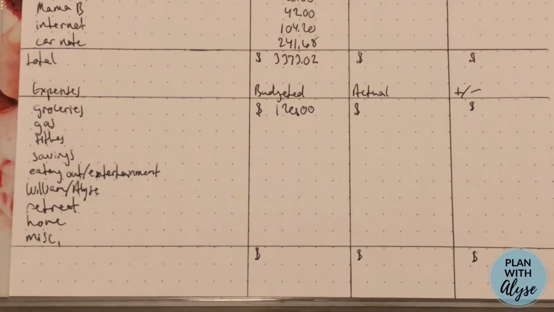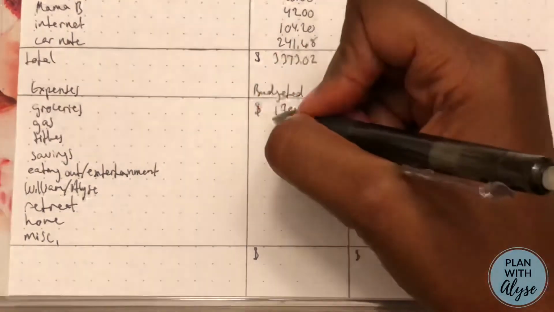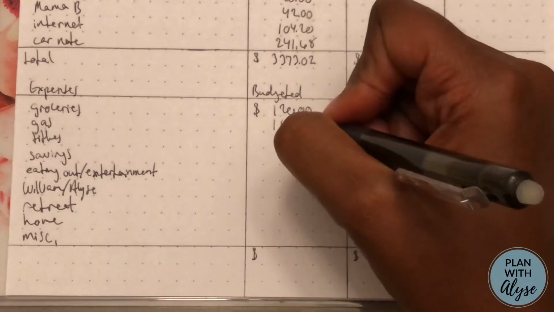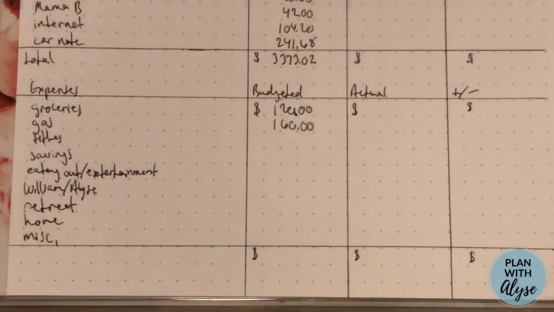Even if he needs more to actually fill up, he just gets $30. So I'm thinking about leaving the budget at $120 for gas, but I don't know. I don't want to push it. So I'm gonna put 160 just as a little bit of a buffer just in case.